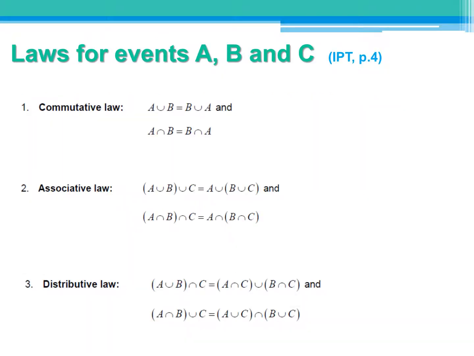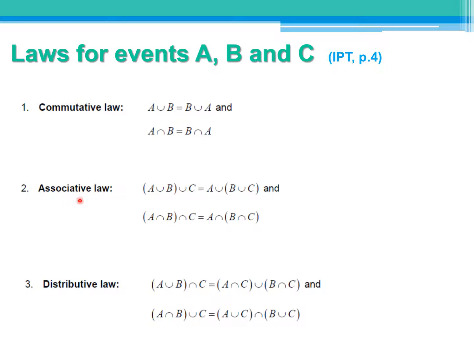You can just take note of the laws for events on page 4 of the notes. Later on, when we do the proofs, we will apply these concepts. So for the commutative law, it doesn't matter in which order you write unions or intersections, because it will lead to the same outcomes. For instance, whether you take the union of A or B or B or A, you will still get the same outcomes.